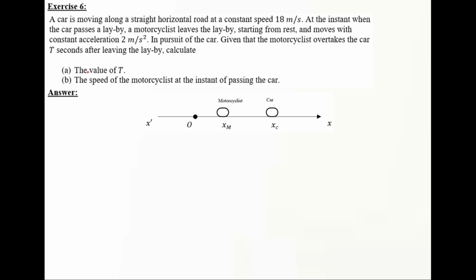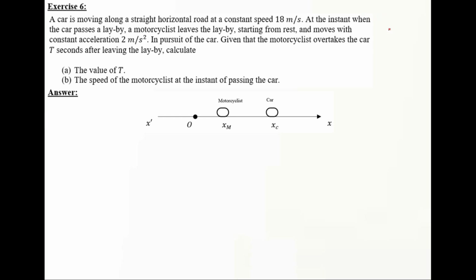In the first part A, we need to determine or calculate the value of t, which represents the time taken by the motorcyclist to reach the car. So if you think about it, we need to calculate the time t, and t must be fitted in an equation. Then we need to solve this equation in order to get the value of t. But what equation we're talking about? This equation must be related to the physics of the problem.